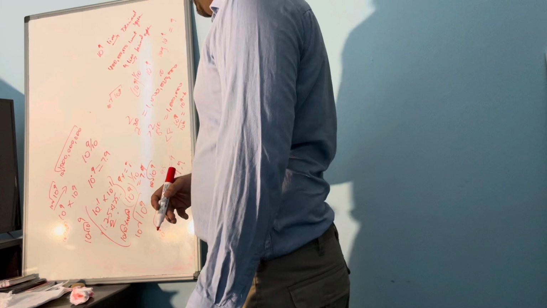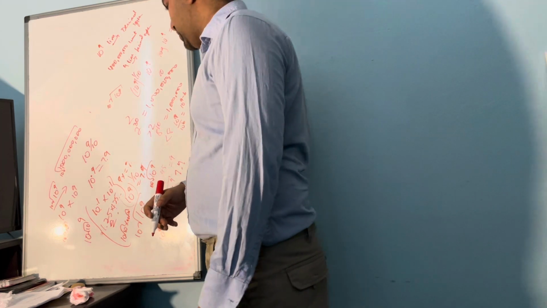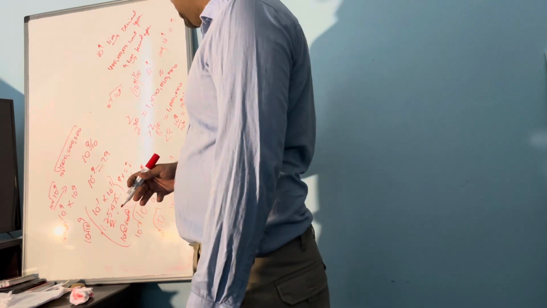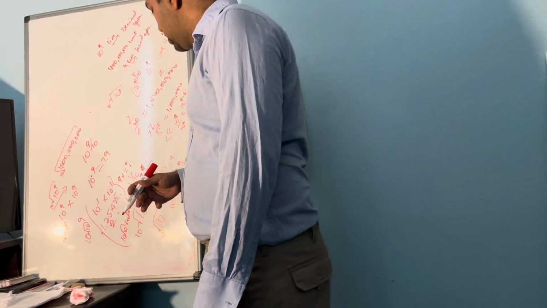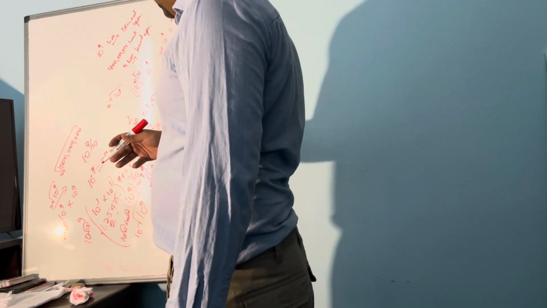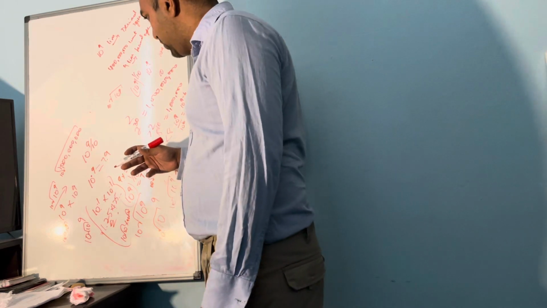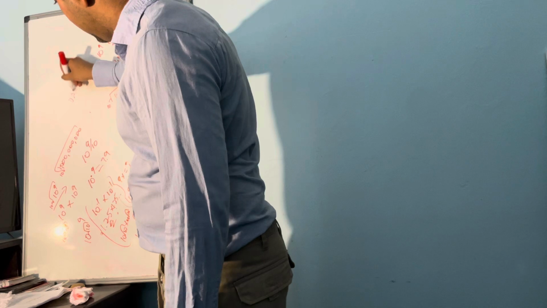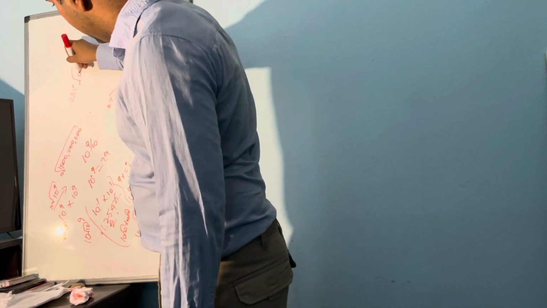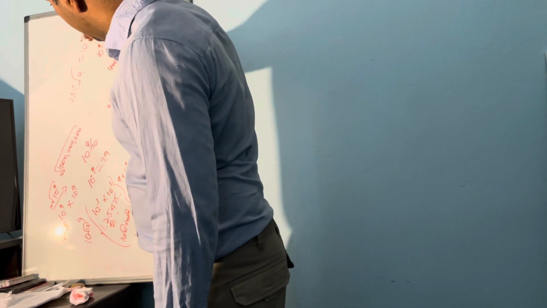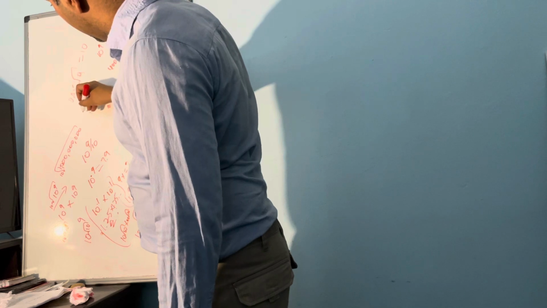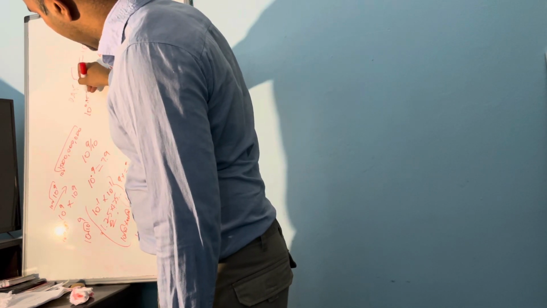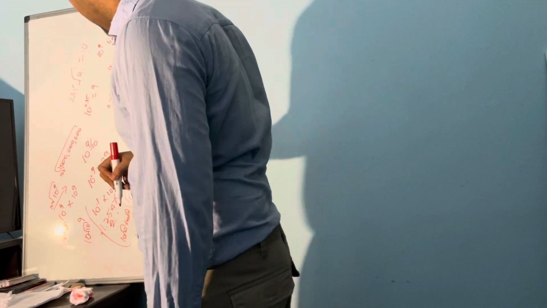So I'm trying to relate the root. Let me use this as an example: the 0.95 root of 9 equals 10, and 10 to the power of 0.95 equals 9, right?